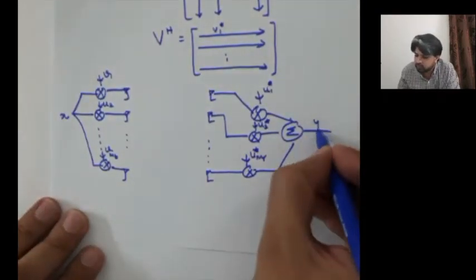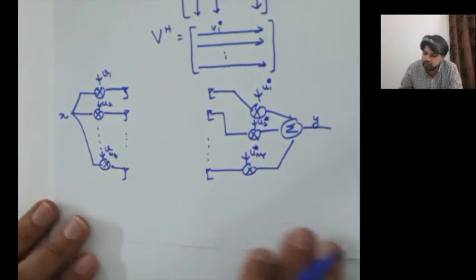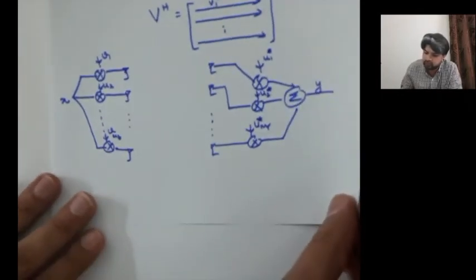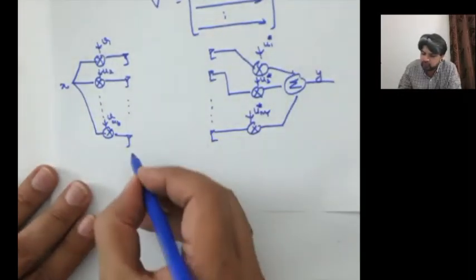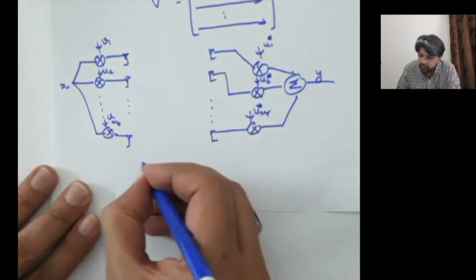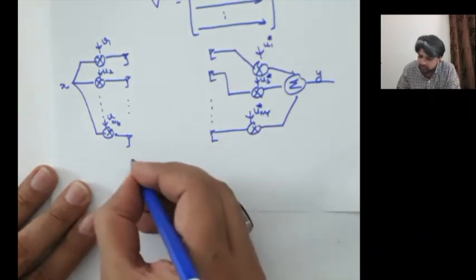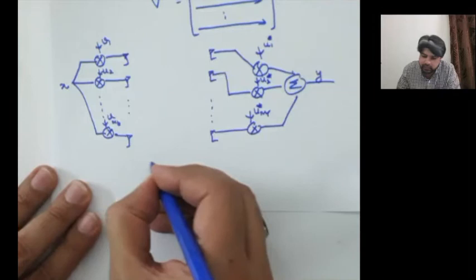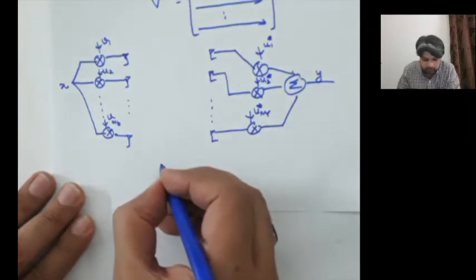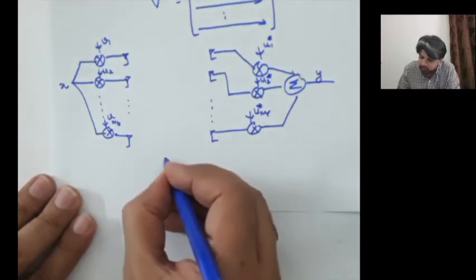So you must be wondering what would you achieve by doing all this. So let's see what we have done. Effectively, you had this X, you have multiplied X with a V vector, right?